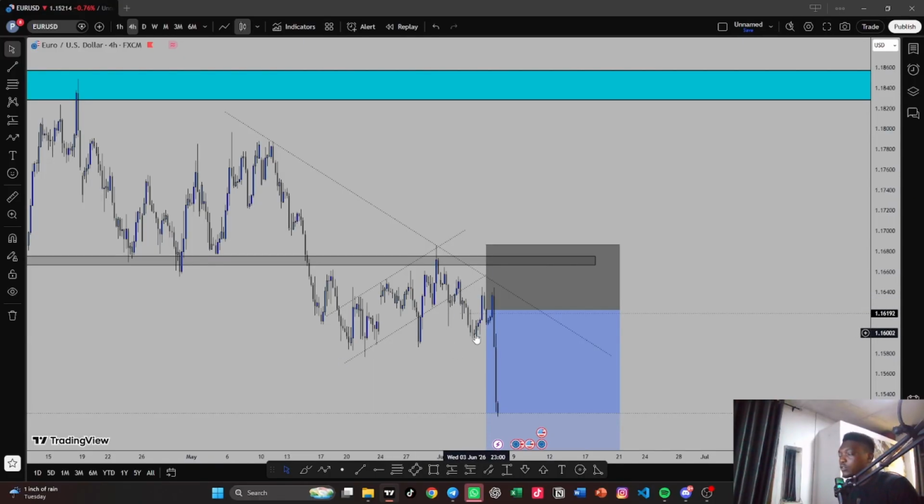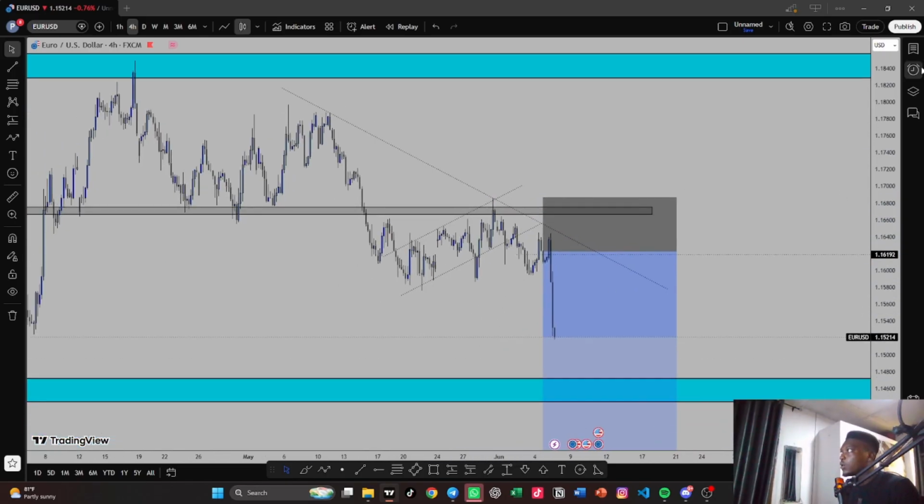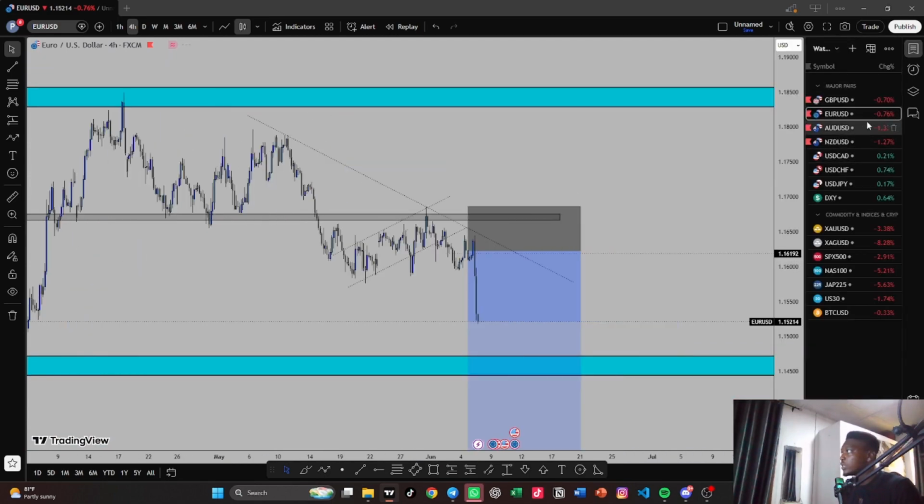A lot of traders will have jumped on the trade already, thinking that the market is already moving, but I waited for it to retrace, and this retracement also aligns with a fib. You can see we are respecting it, creating a double top at the 0.50, and that is where I get my entry and price just drops. So I still expect further downside on Euro USD.